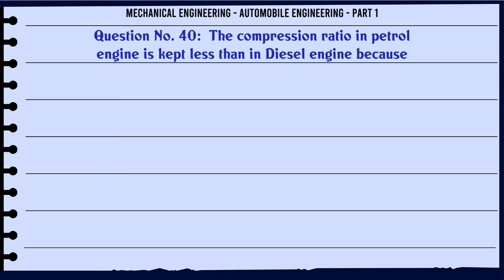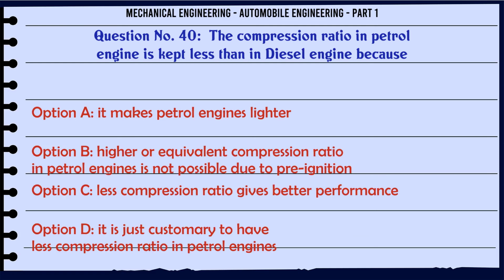The compression ratio in a petrol engine is kept less than in a diesel engine because: A. it makes petrol engines lighter, B. higher or equivalent compression ratio in petrol engines is not possible due to pre-ignition, C. less compression ratio gives better performance, D. it is just customary to have less compression ratio in petrol engines.